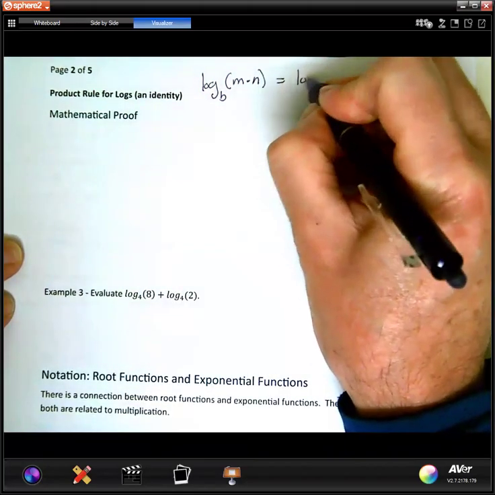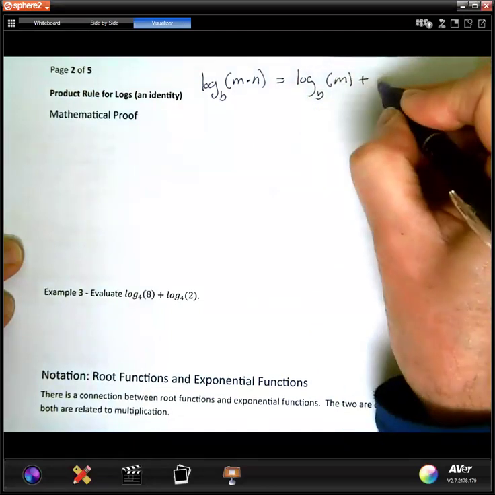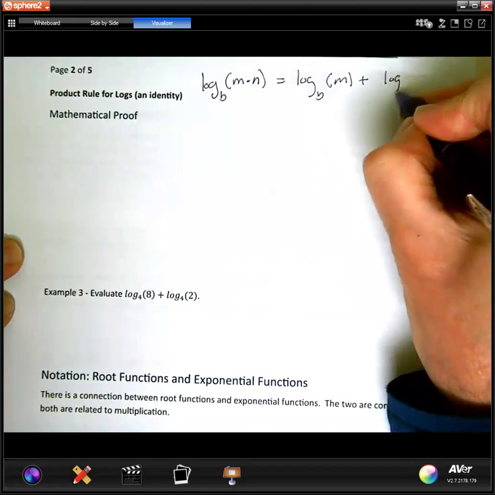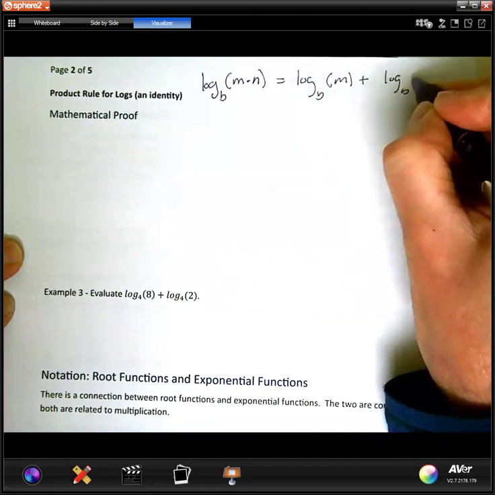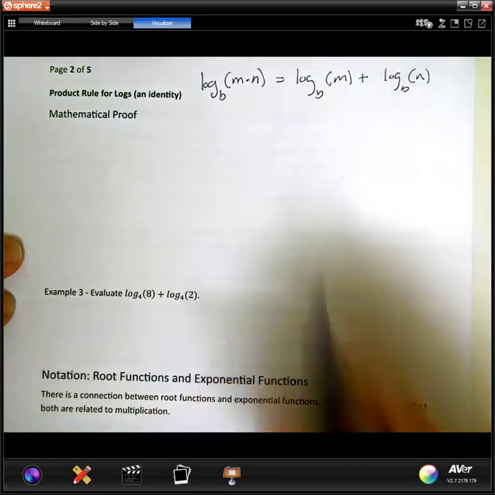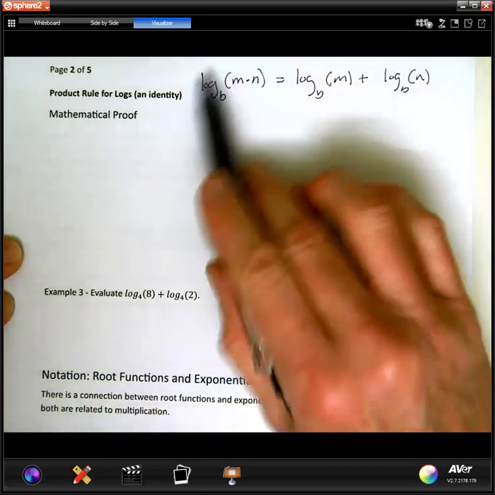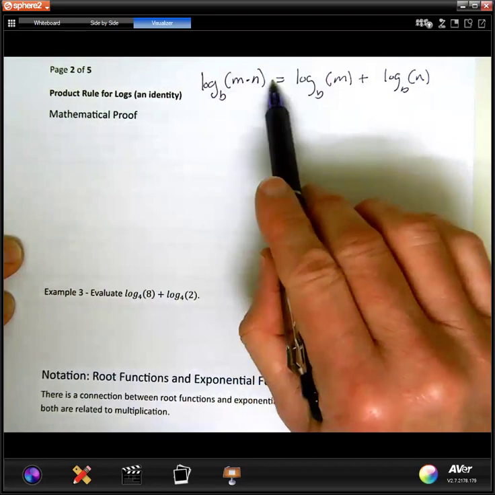It turns out that this is equal to log base b of M plus log base b of N. Now, that does not appear at all to be intuitive, but whenever I see this, I can replace it with this.